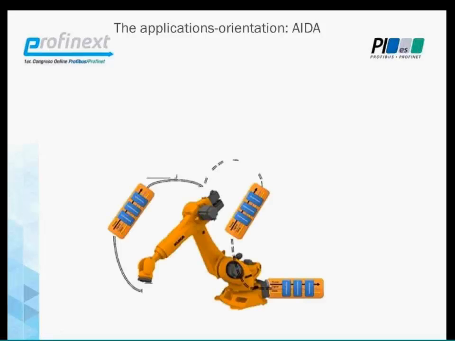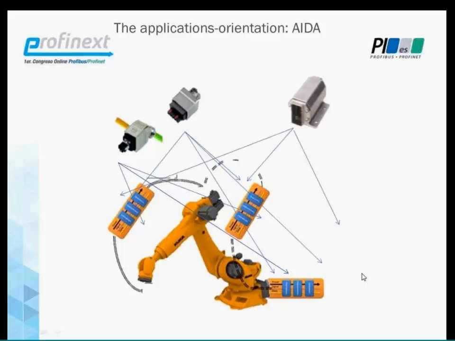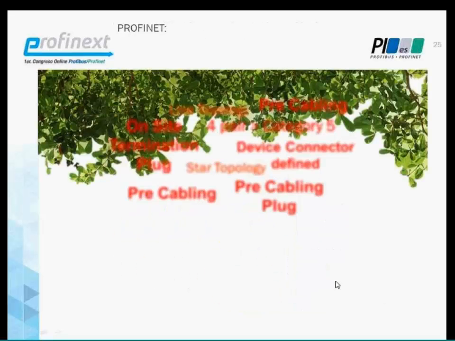You need for all applications in the field, for example, here at a robot, specialized solutions for installation, and there we have all the installation components for this, and not only for Profinet data, but also for the 24 volts power supply.